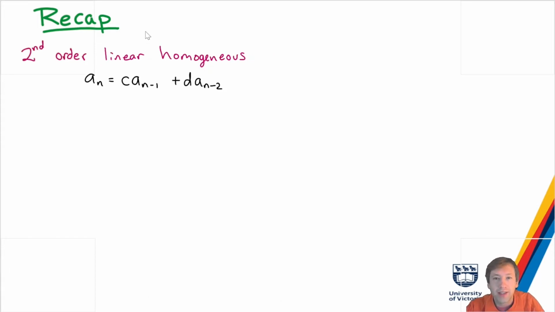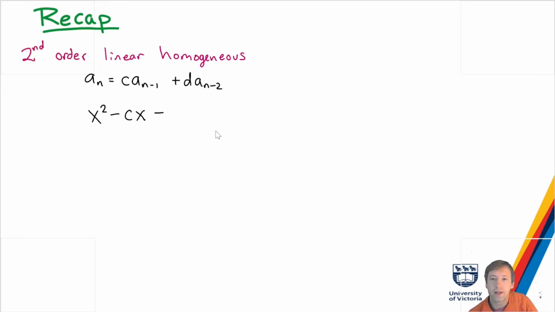Okay, then we had second order linear homogeneous relations, and this was even easier than the first order. For this type, we do have a sort of thing we can memorize.